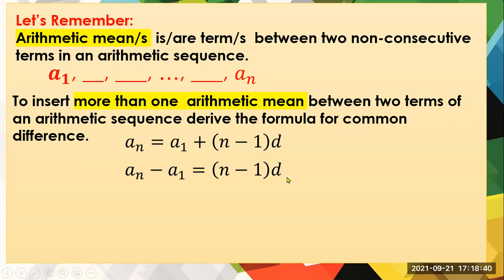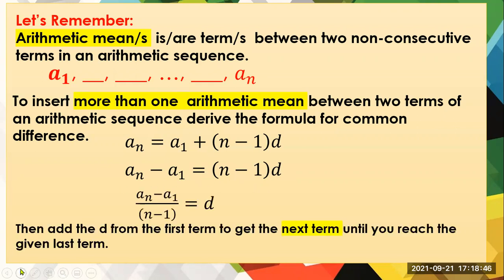So you divide this part by n minus 1, and you divide the other side by n minus 1 because you're working with an equation. So therefore, the common difference has a formula of a sub n minus a sub 1 all over n minus 1. Take note that you need to add the common difference from the first term to get the next term until you reach the given last term.